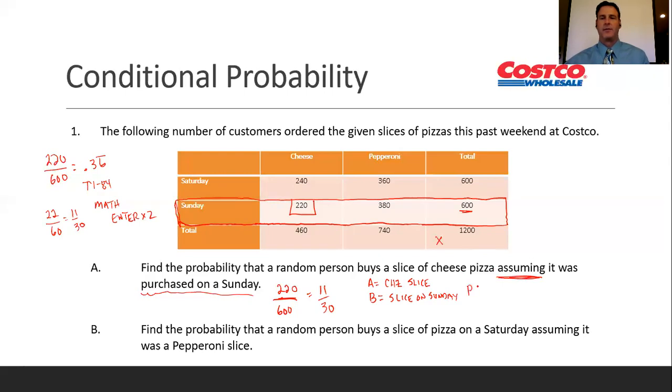Then what I have here is our formula, P of A given B is equal to P of A and B all over P of B.